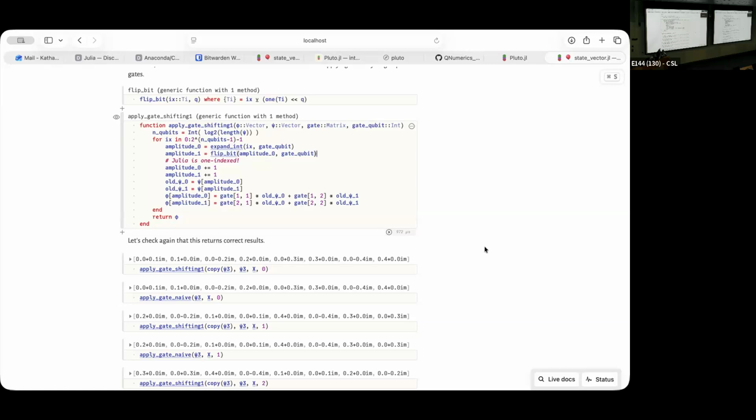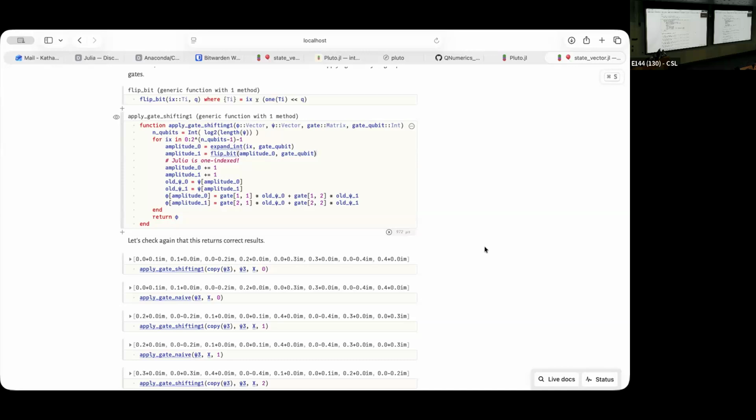And then G on 0, 1, 0, 1 to 0, 1, 1, 1 is G 0, 1. And then similarly G 1, 0. And then if I have all ones, then that's G 1, 1.